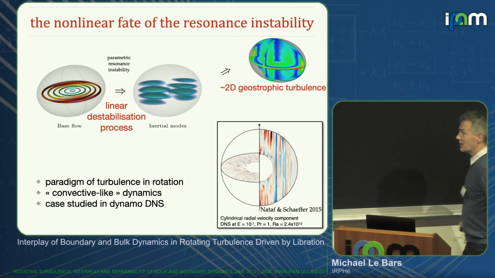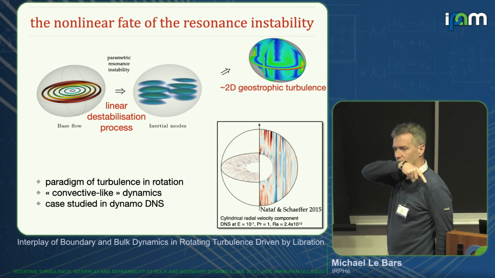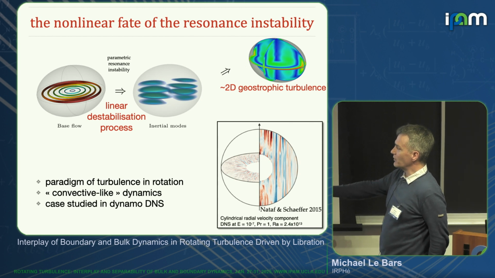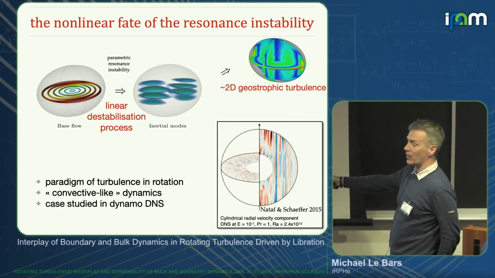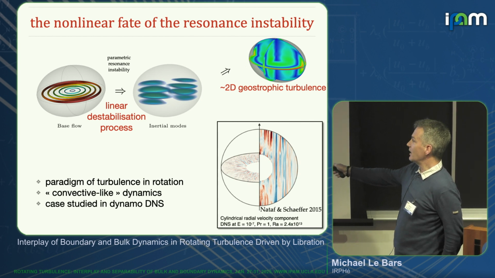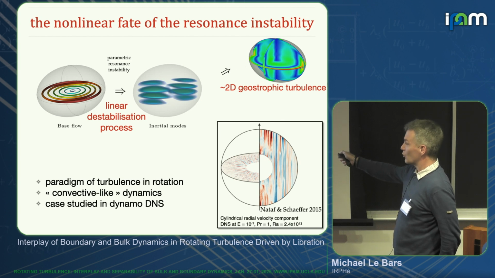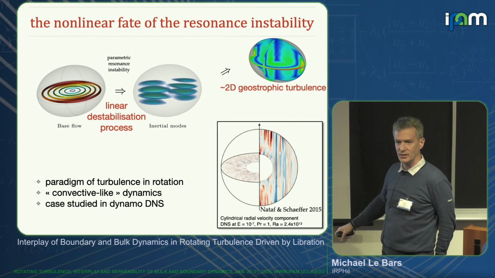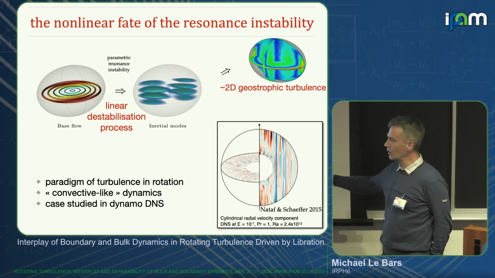But all the question is, this was before everything I showed you in the first part of my talk. And actually what we have seen is that we explained theoretically well the linear part of the destabilization, and then this grows in amplitude, and what we have studied is the 2D geostrophic turbulent saturation of this flow excited by libration, precession, or tides.